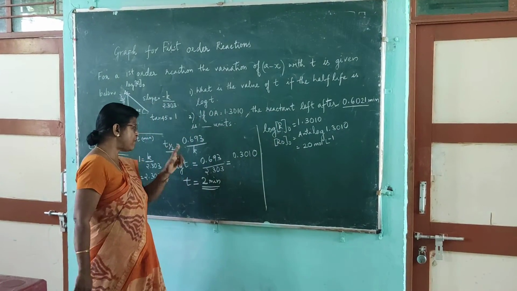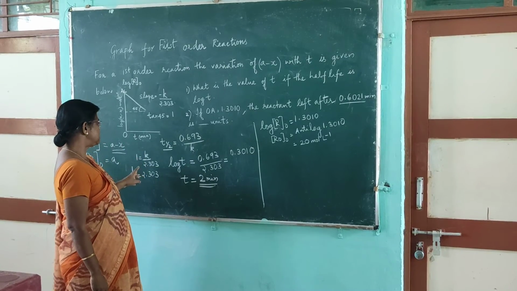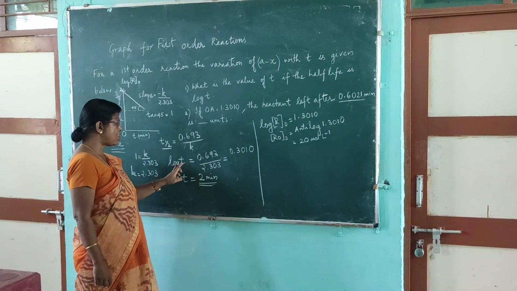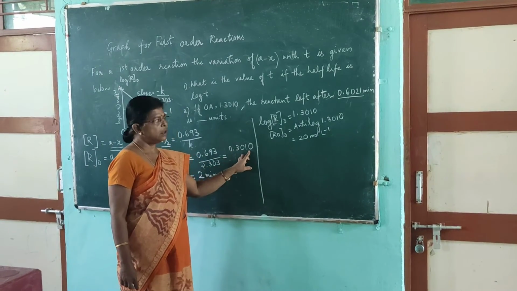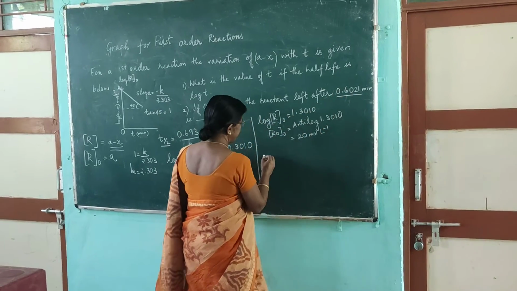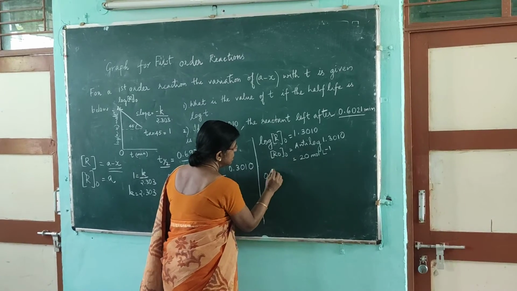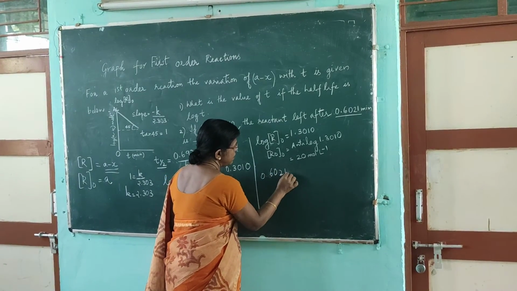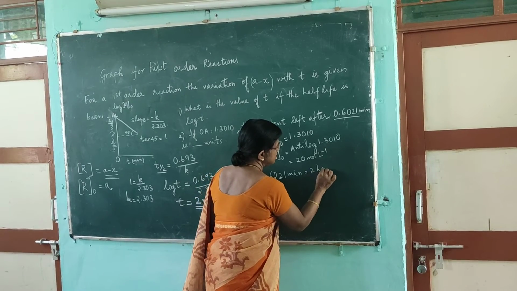We have already found that the half-life is 0.3010. That means this 0.6021 minutes is 2 half-lives.